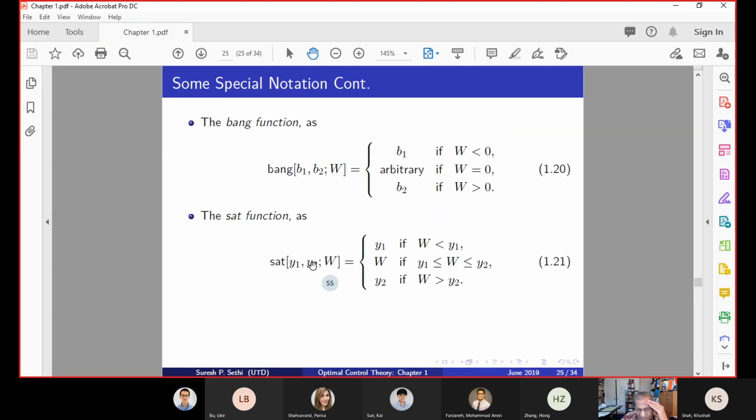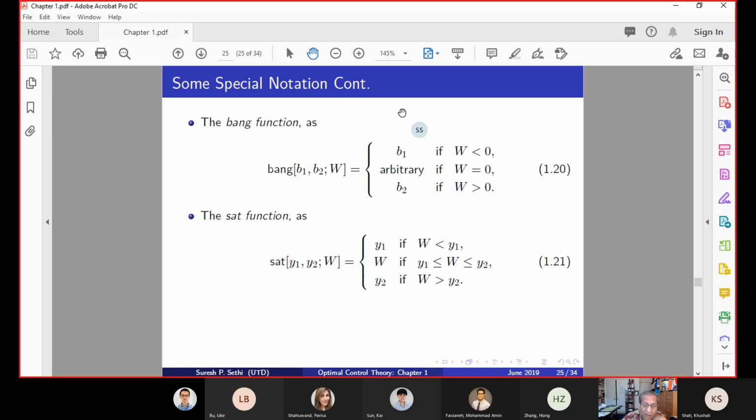Another function is called the sat function. If the function is lower than y1, it takes the value y1. If it's in between these two values, it takes exactly the value of the function. And if it's above y2, it takes the value y2. That means the function is bounded by y1 and y2.